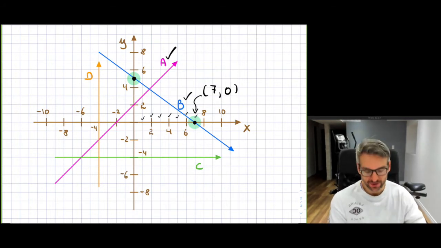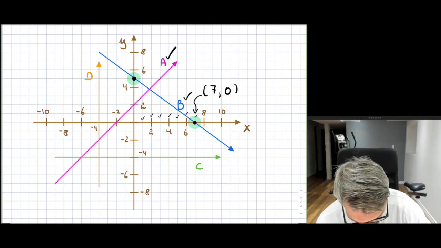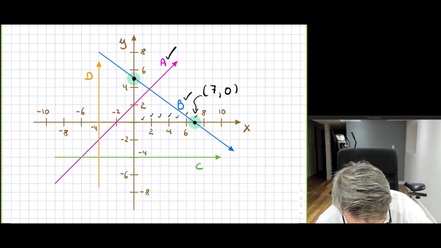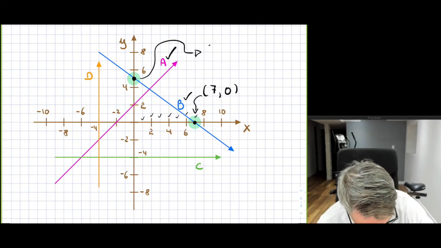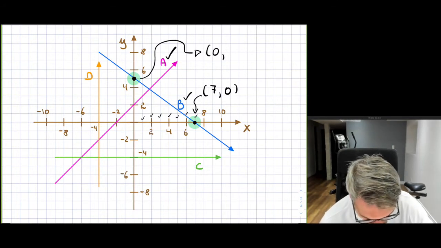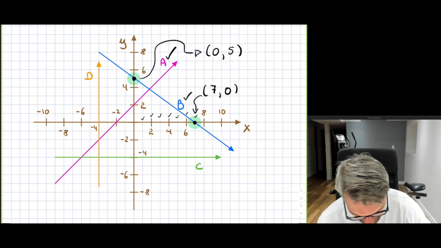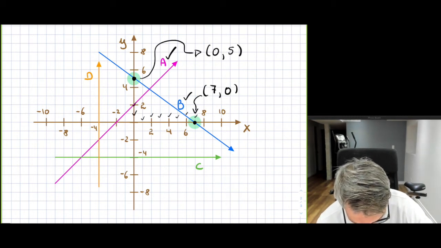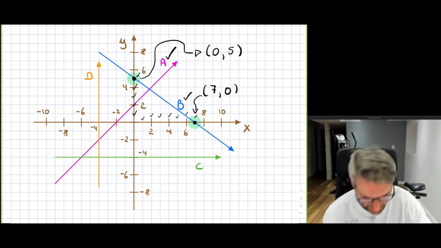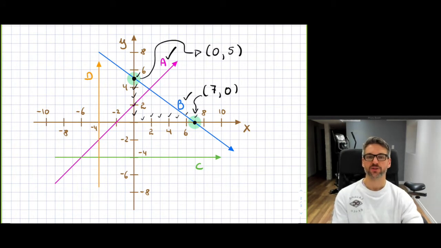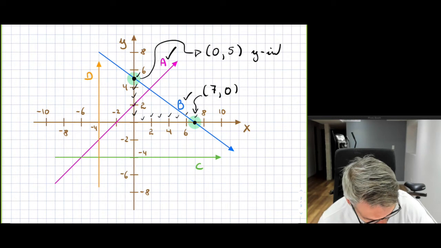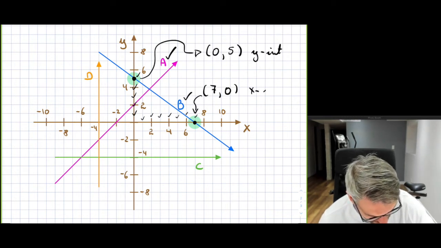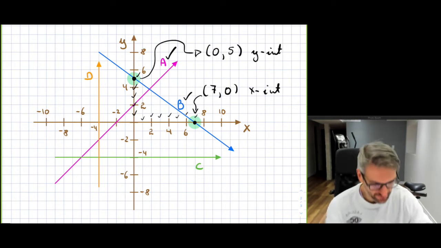And your y-intercept, in this particular case, would be this point right there, where x is 0, and then your y would be 5. I'm just looking at it: 1, 2, 3, 4, and 5. All right, so that would be your y-intercept and your x-intercept. So that's what you have there.